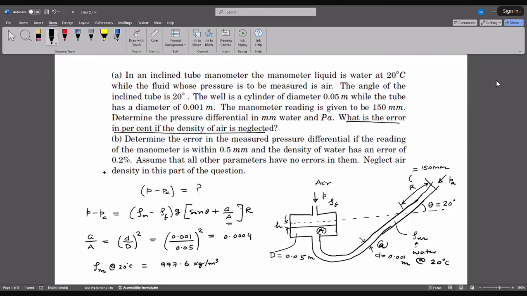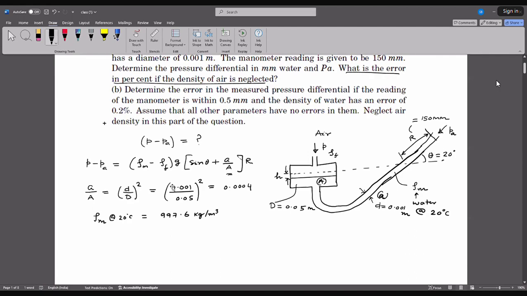and the density of air at 20 degrees centigrade. Sorry, the density of the air we can actually find from pressure.